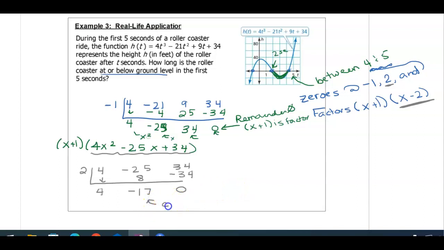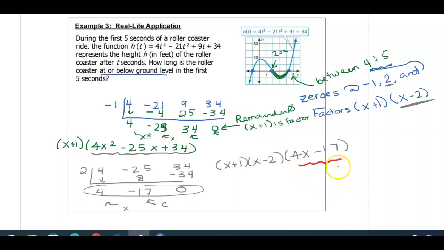So this is now our constant and this is now our x. If I factor this out, I get x plus 1 and then x minus 2, and what I'm left with is 4x minus 17. Now remember, I know this is my last 0. To find out what this point is, I say 4x minus 17 is equal to 0.